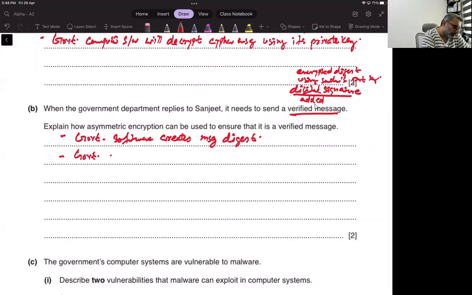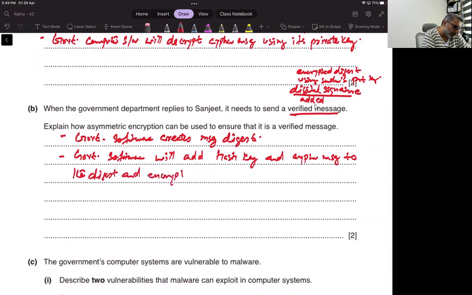The government's software will add the hash key and the cipher message to the digest and encrypt it using the government's private key.